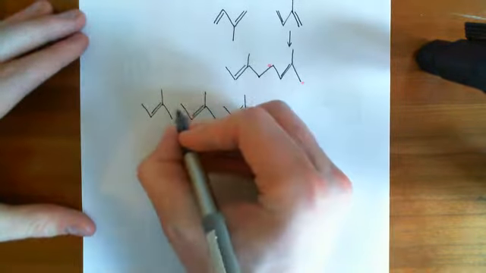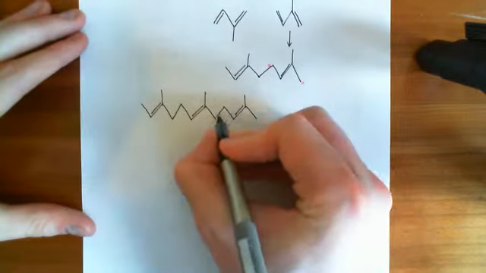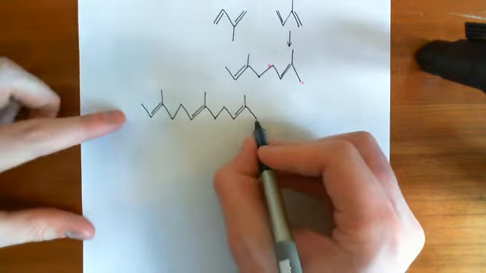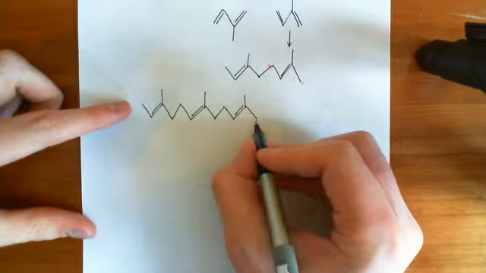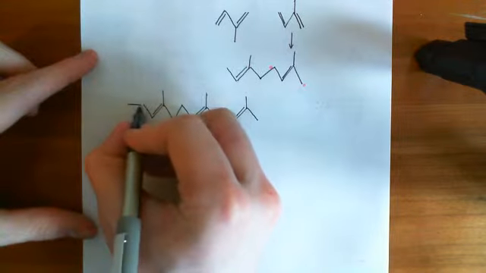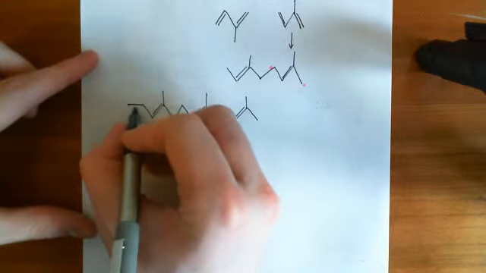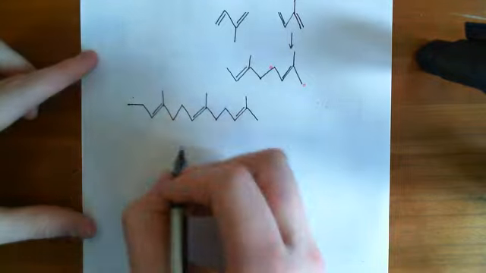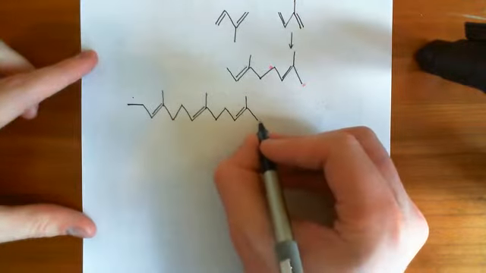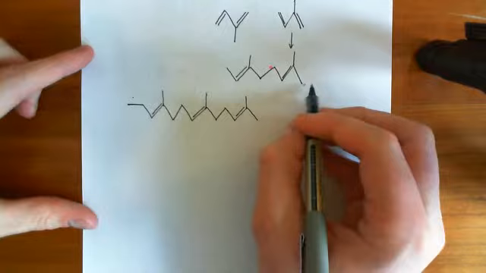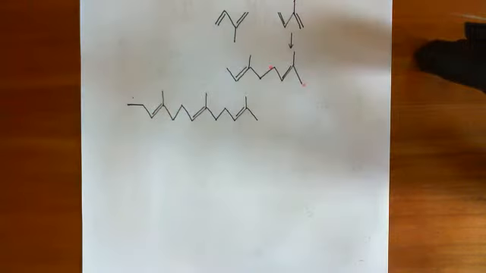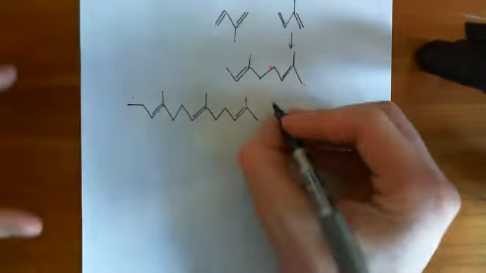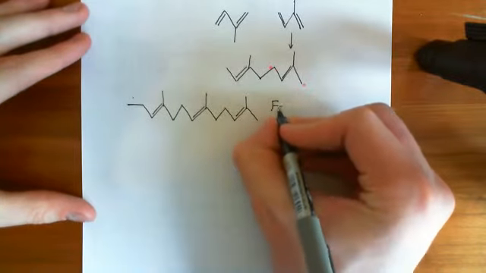Now you can link this carbon to this carbon and this carbon to this carbon. And you might ask, what are you going to do about the two end carbons? Well, this one is what's going to bind onto our protein, so this will be a bond to something arbitrary that we don't know yet. And we're going to stick a hydrogen off this carbon to make up that final electron's bond. That then is what's known as a farnesyl group.